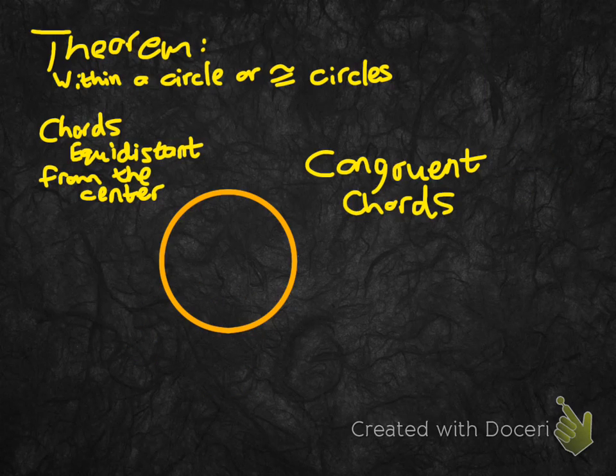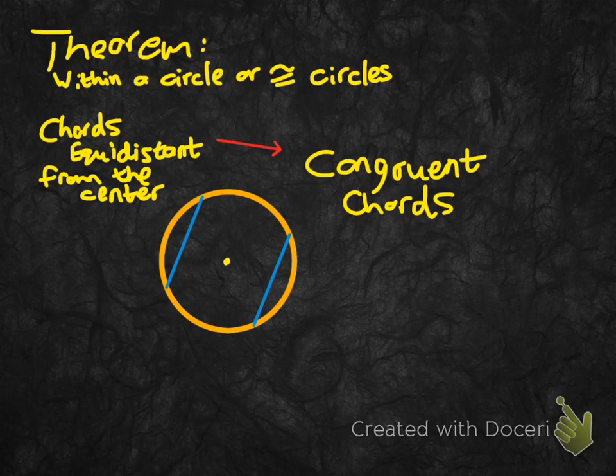Anyway, another theorem. So within a circle, or congruent circles, we have another two-part theorem. So first of all, we're going to start this direction here. If the chords are equidistant from the center, then the chords are congruent. So if we have, here's the center, let's say I have a chord here and a chord here.